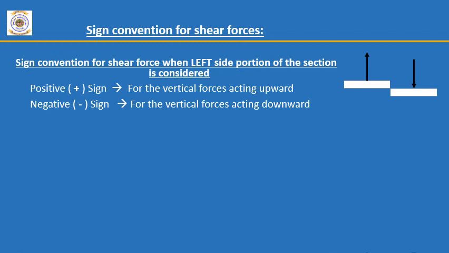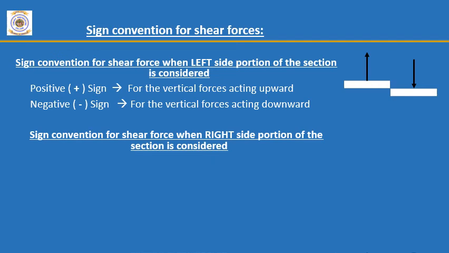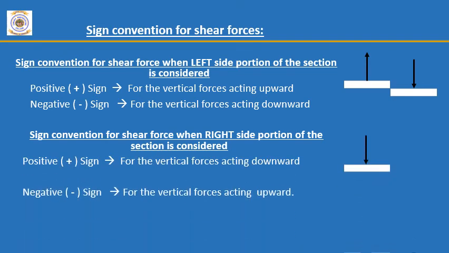Again I repeat, if the left side portion of the beam moves up and the right side portion of the beam moves downward, then the shear force is positive. Next, if the left side portion of the beam moves downward and the right side portion of the beam moves upward, then the shear force is negative, like this.